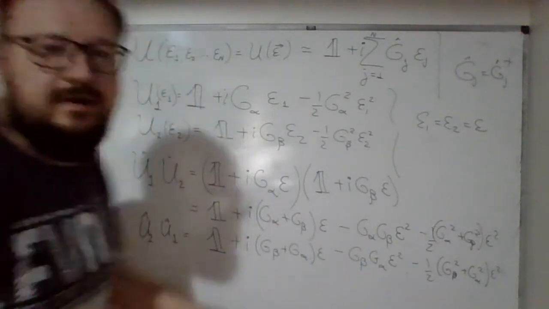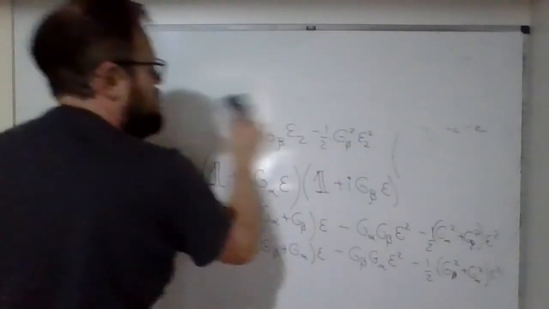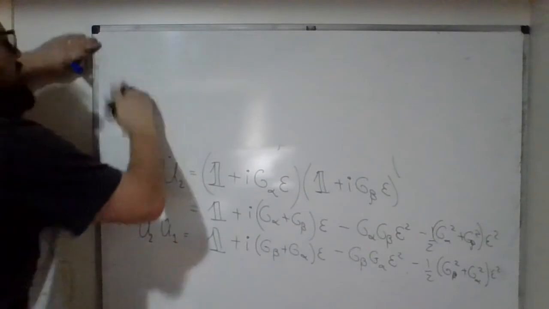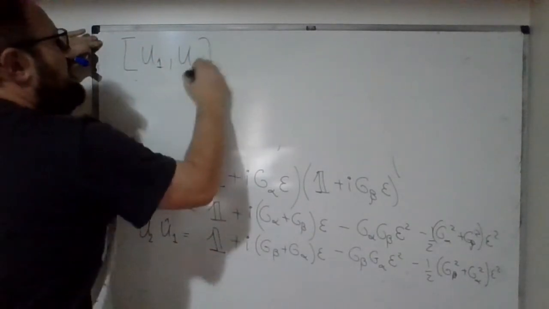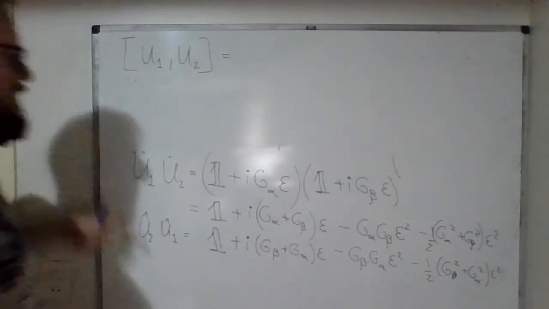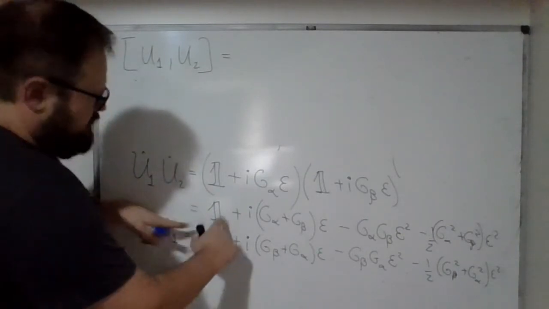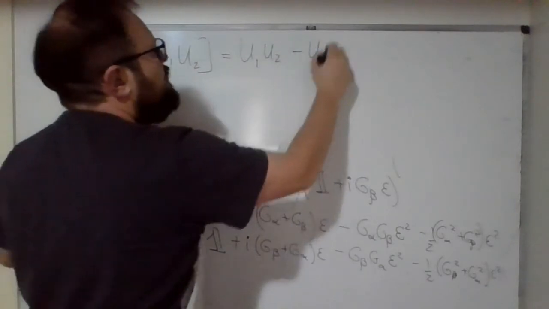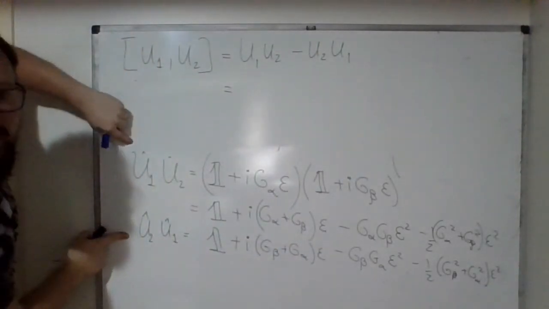And now you can calculate the commutator. So the commutator of two transformations in the Lie group, you'll find out that you have u1, u2 minus u2, u1, and you must subtract these two operations.